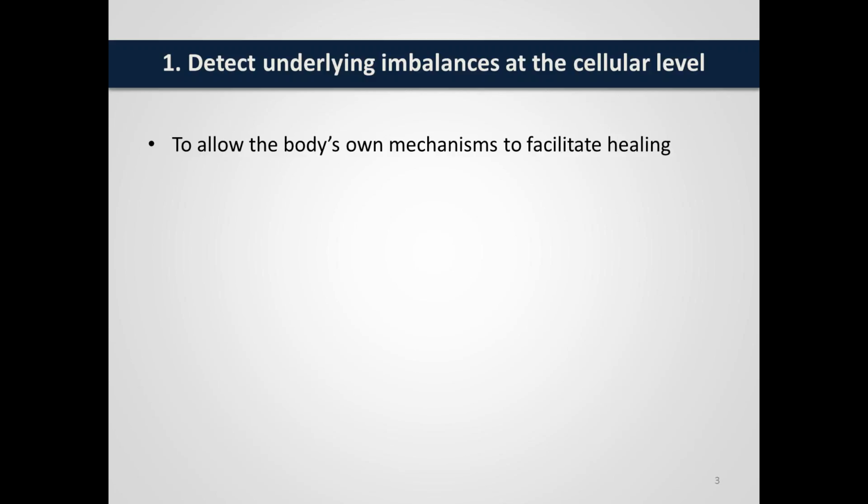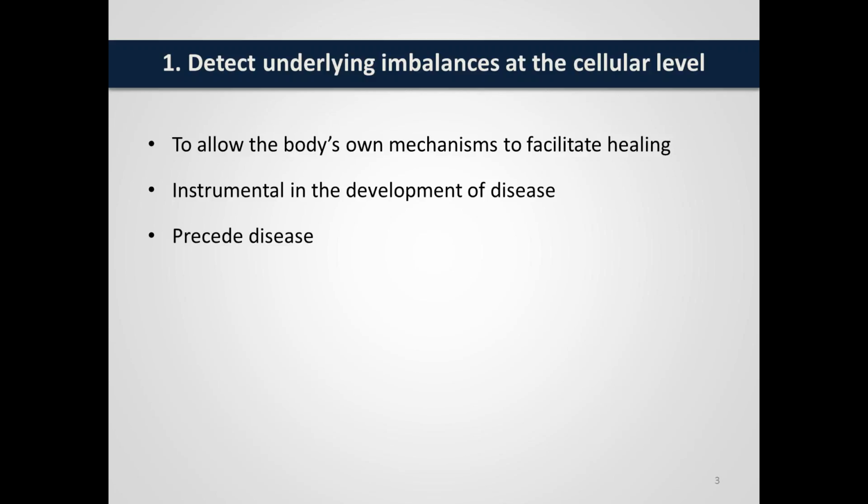Now, these underlying cellular imbalances are also instrumental in the development of disease, and they therefore actually precede disease. This means that as practitioners, we have a technique here that is truly valuable in preventative medicine, because we're able to identify imbalances at an early stage before the onset of pathology and take the necessary steps to reverse the process.